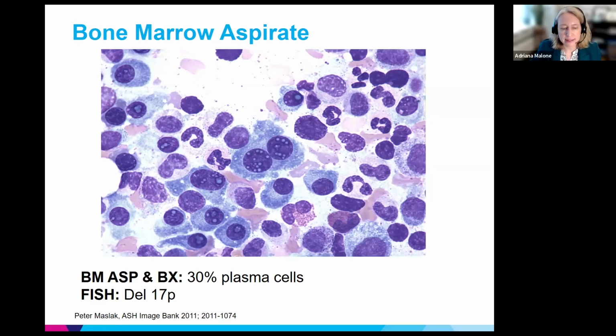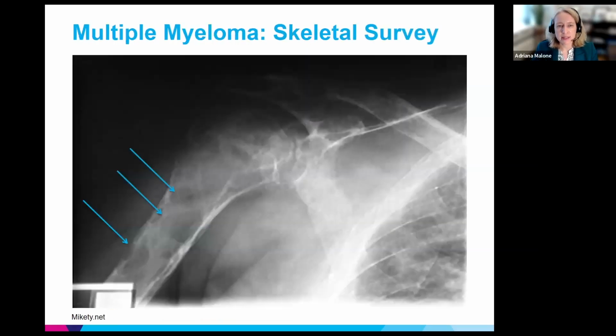Additionally, on FISH testing, fluorescence in situ hybridization, we see that this patient has a deletion 17p mutation, which is a high-risk mutation. On a representative skeletal survey, we see that the patient has diffuse lytic lesions in the right humerus.